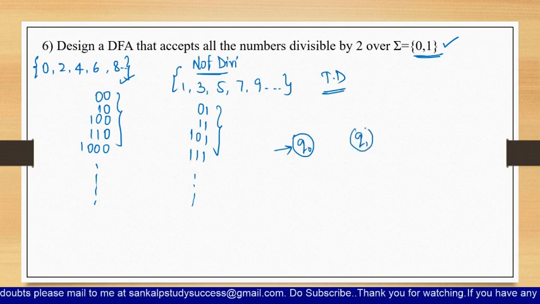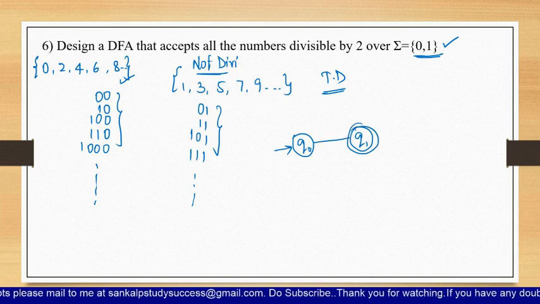That means Q1, which is a final state, and 0 is accepted. Any number of zeros should also be accepted, right? Because any number of zeros is also equal to 0 itself. So 0 should be accepted, which is moving to the final state, so it is accepted.